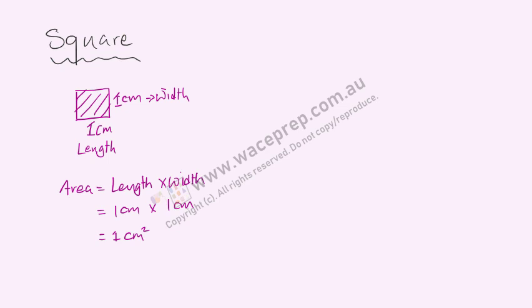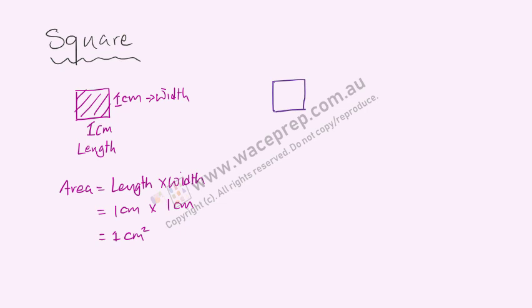Now let's use this square, and let's use a different color. Let's use this square and build multiple squares. So here is our square. Let's draw that once again. Here is our 1 unit square. So it has 1 by 1.